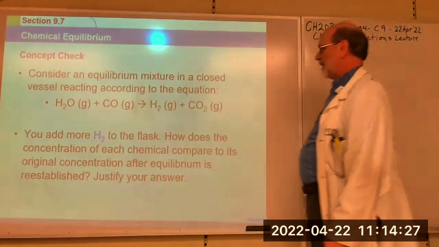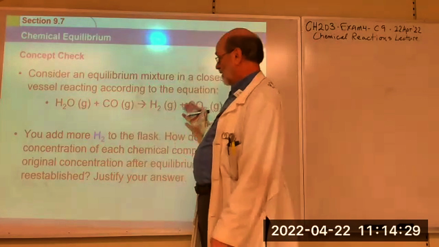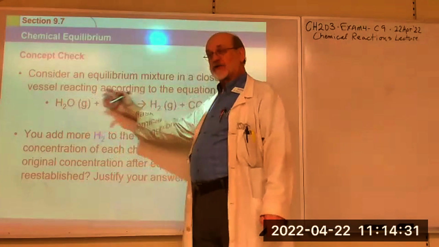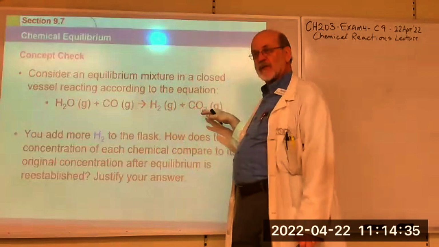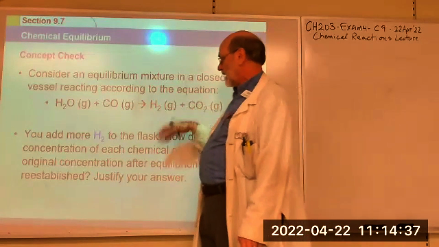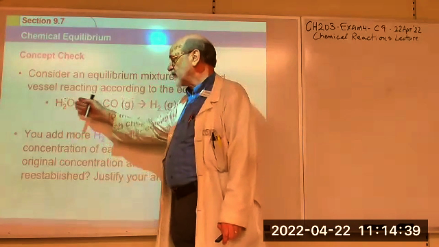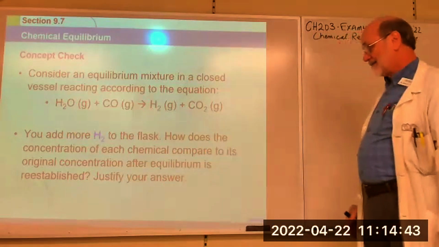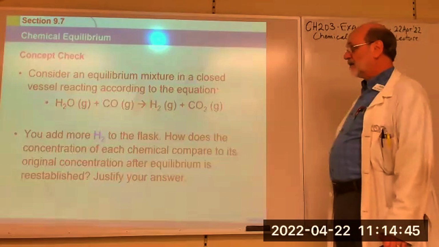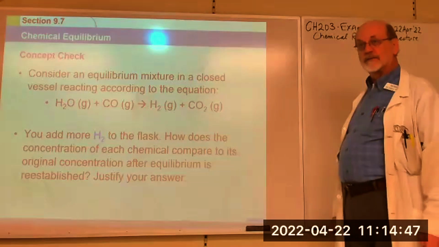How about if we add more hydrogen? Well, now the reverse reaction is favored because you have more hydrogen in there to react with some carbon dioxide. And then you're going to make some more of this until you reestablish equilibrium. That, in a nutshell, is Le Chatelier's principle.